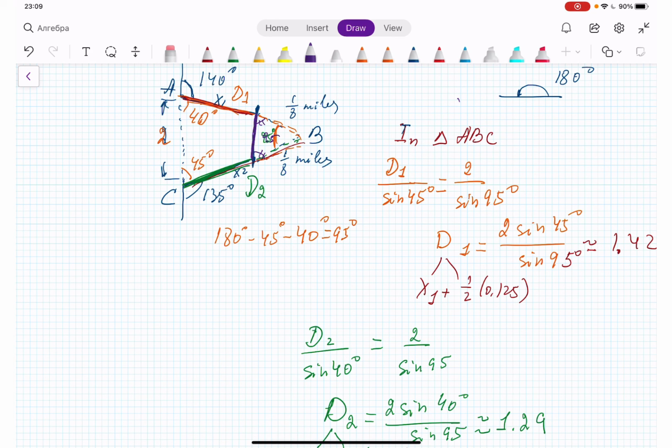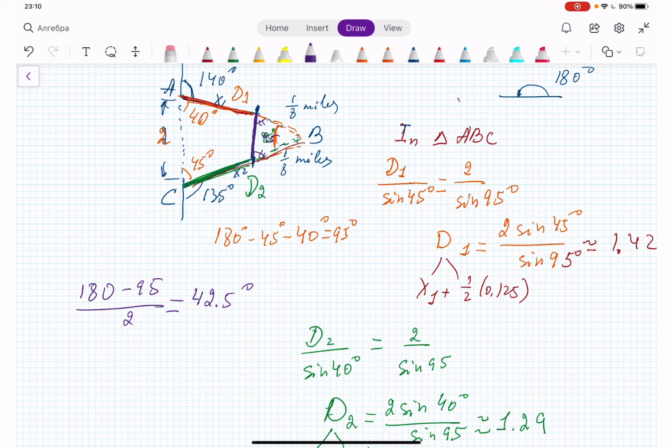Since the sum of the angles in this small triangle is 180, each of these angles is 180 minus 95, divided by 2, because in an isosceles triangle the two base angles are equal to each other. We get 42.5 degrees.